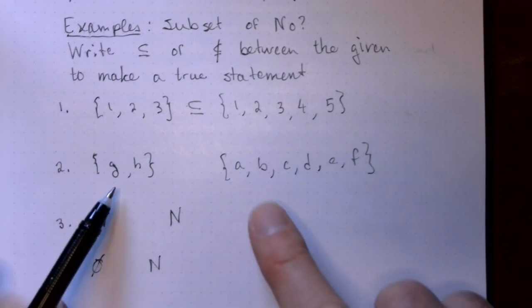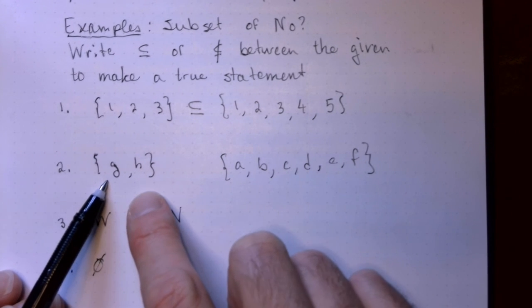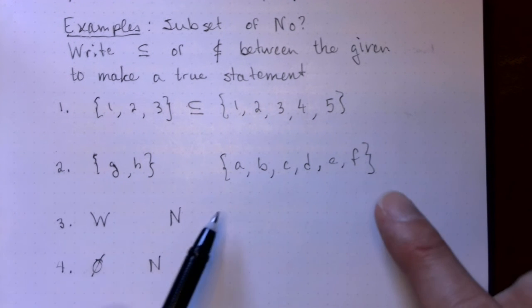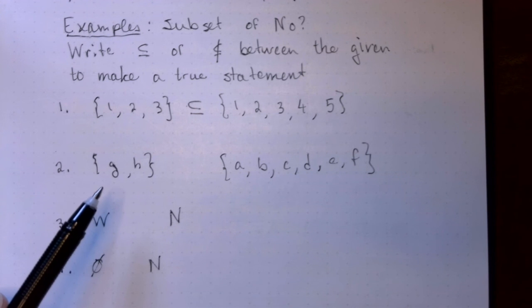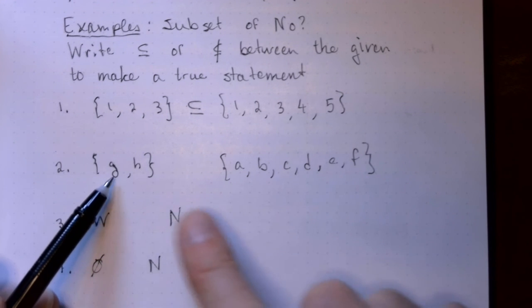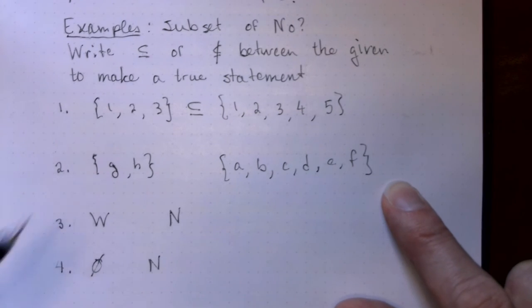All right. Now in example 2, you'll notice, okay, yes, this set is smaller. This set has cardinality 2. Over here we have cardinality 6, but there's more to the subset relationship than just having smaller cardinality. You'll notice this set has the letter G, but that does not belong over here.